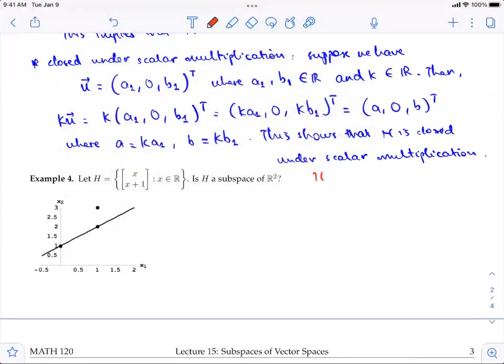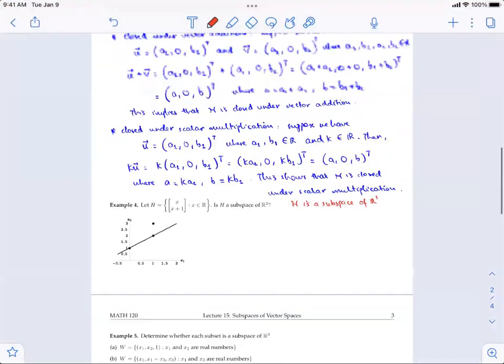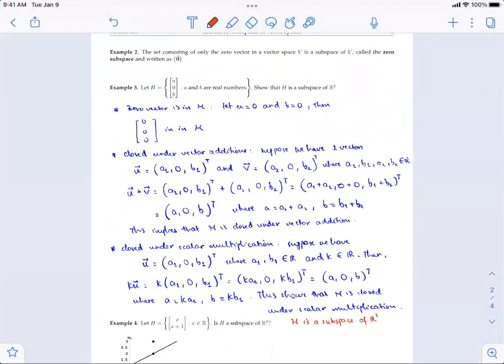So that's how you determine if a set is a subspace of a vector space or not. Again, you need to check the three conditions: that the zero vector is in H, H is closed under vector addition, and H is closed under scalar multiplication.